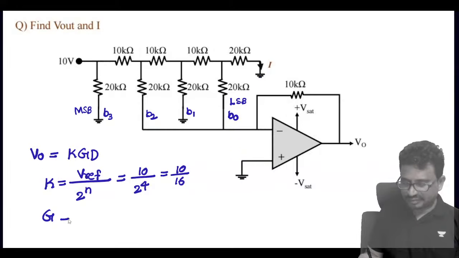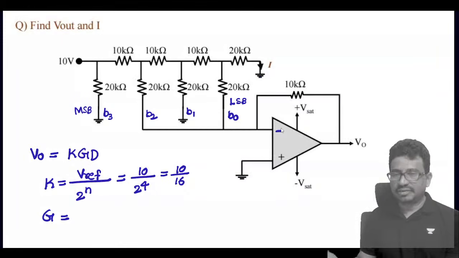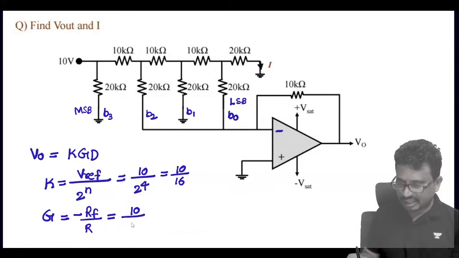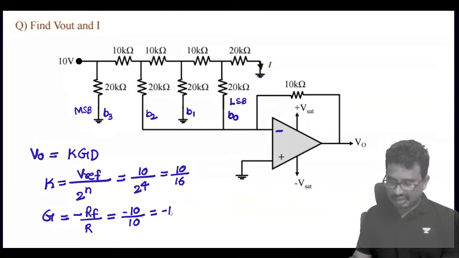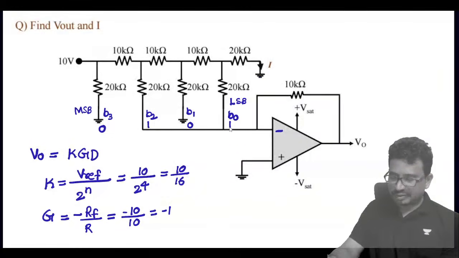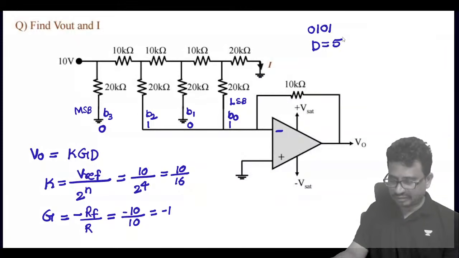G is equal to what? This is an inverting amplifier, so the gain is minus RF by R. RF is 10, R is 10, so we get minus 1. And the decimal equivalent: 0, 1, 0, 1. So the D value is 5.